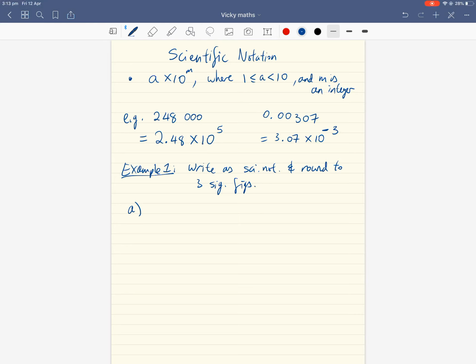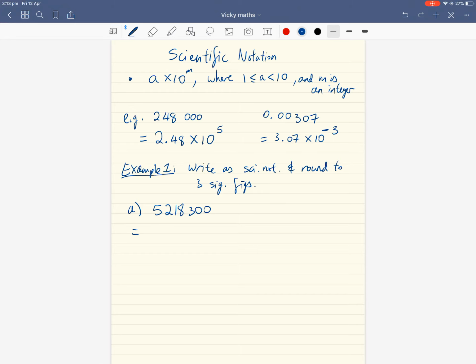So write as scientific notation and round to 3 sig figs. Let's look at 5218300. We want to turn it into scientific notation first.